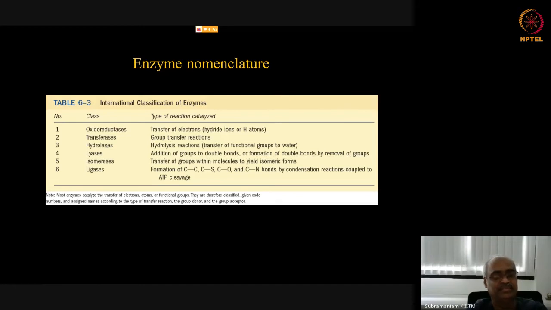For example, breakdown of starch into glucose is actually a lysis, but it is a hydrolysis, water involving, and they are large in number, deserving their own major subgroup. That is why you have a separate group, hydrolases, from lyases.